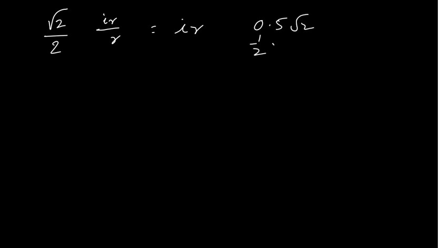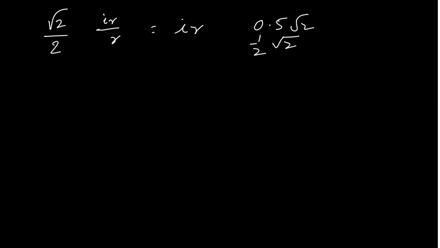So if I have root 2 divided by 2, it is irrational divided by rational, so it will still be irrational, which is 0.5 times root 2, or half of root 2. Not a problem.